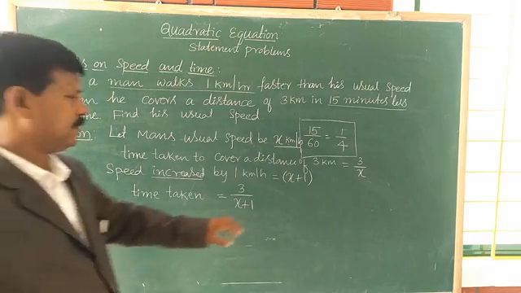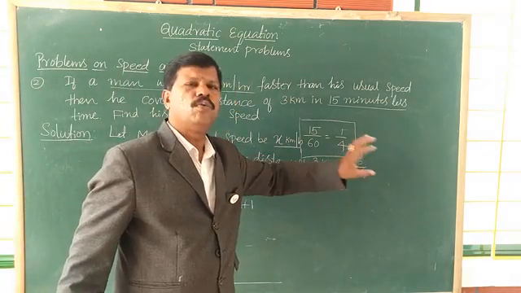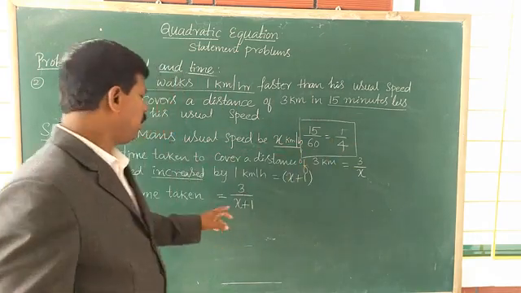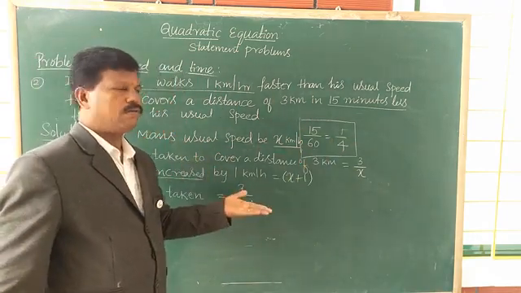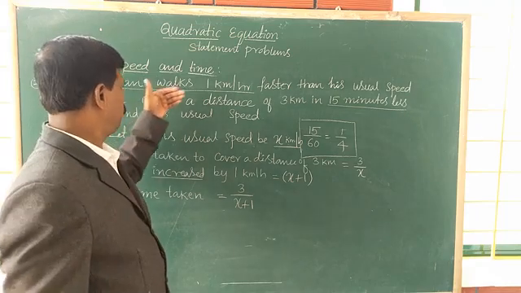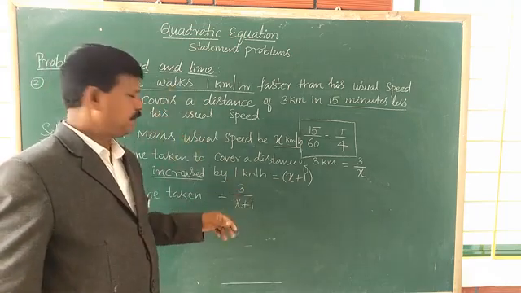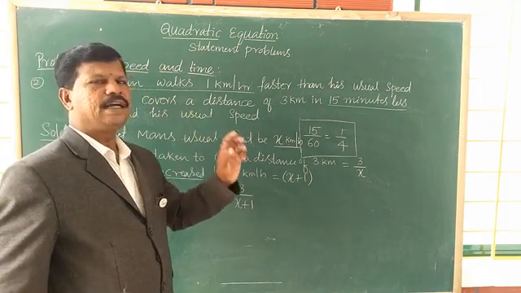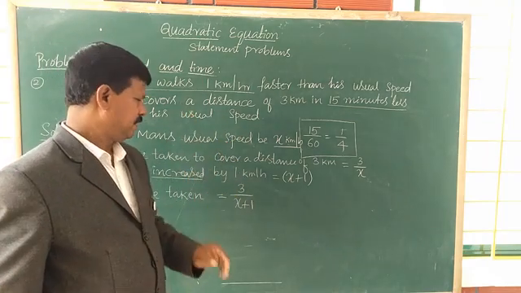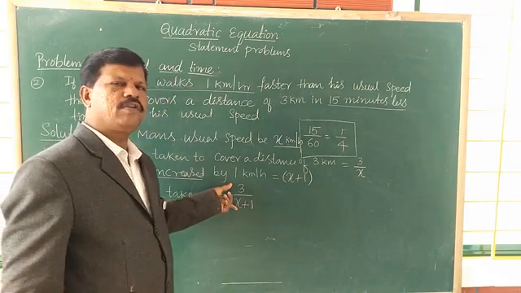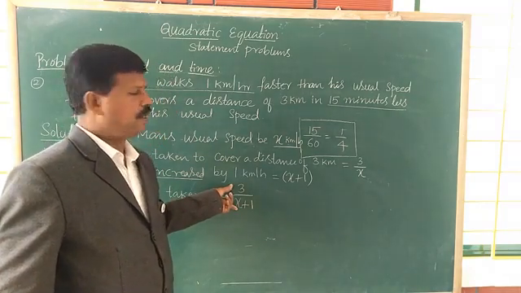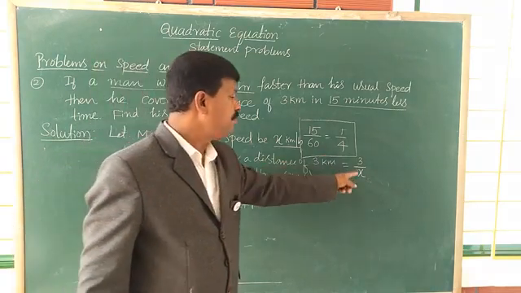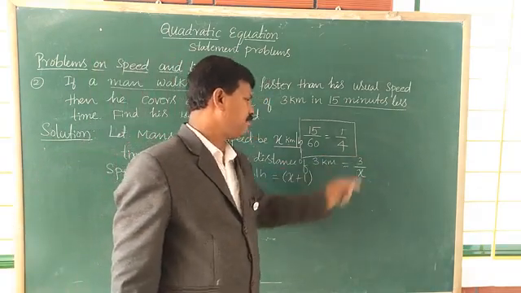Now look at this. This is the original time, what you are taking to reach the school. Now, when you are making your walk faster, then you are taking 15 minutes less. So this is the time taken when your speed is increased. This time is equal to 15 minutes less than this time.